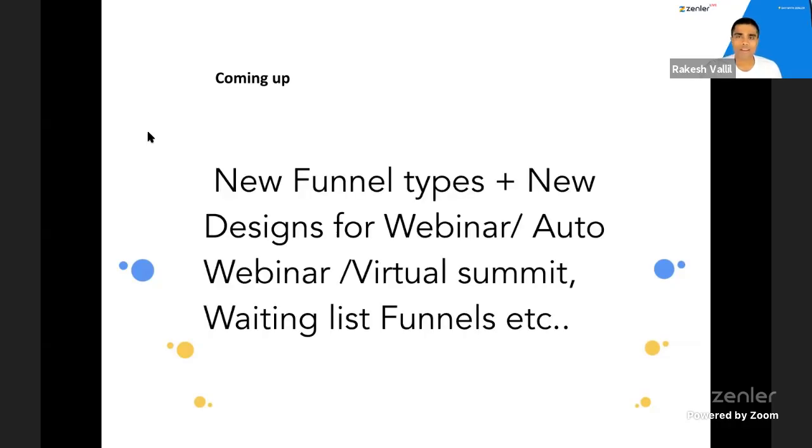Cool. And again, this is something that we need to work on. Currently, we have only two funnel types: lead magnet funnels and video series funnels. We're going to add new designs for new funnel types, including webinar funnels, auto webinar funnels, virtual summits, waiting list funnels, survey funnels, and so on.